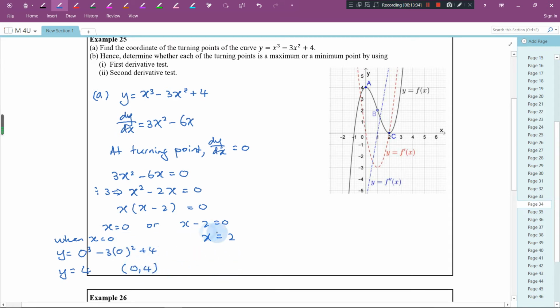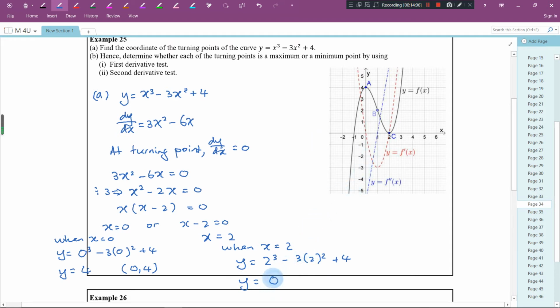We do the same thing for this point. When x is equal to 2, y is equal to, we are going to substitute this value of x, which is 2, into this function. 2 cubed minus 3 times 2 squared plus 4. So this is 8 minus 12 plus 4.